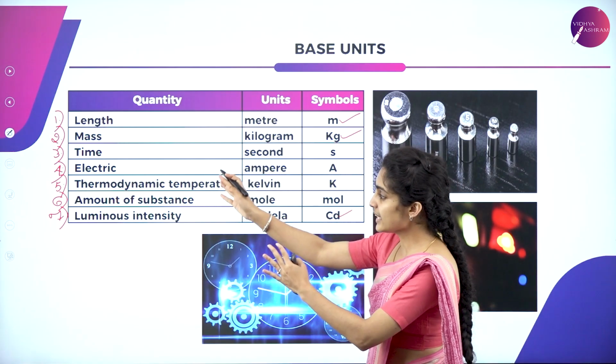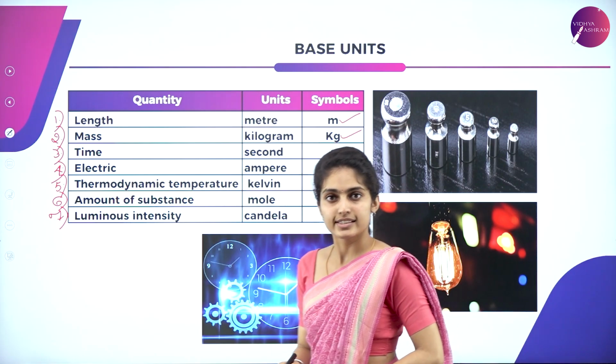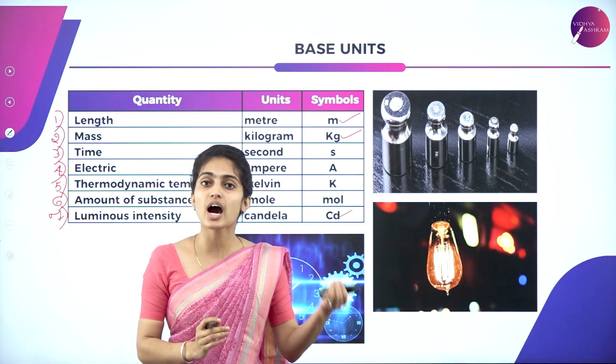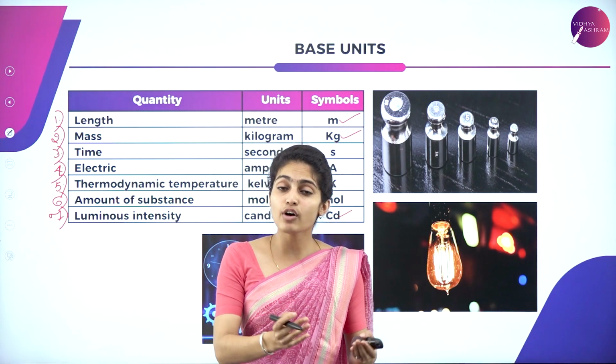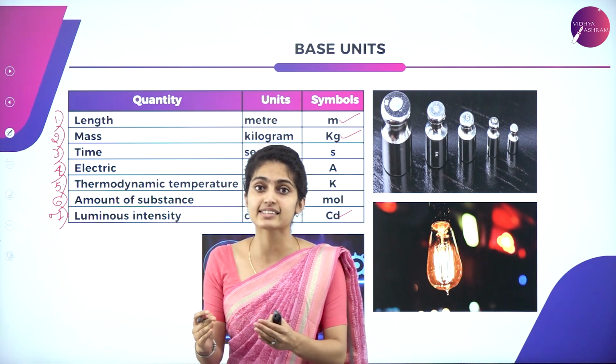These are not derived units. These are base units. These 7 quantities have respective units as well as symbols. So I hope you got to know what are base units, what are derived units, and now what kind of unit we are using, that is the SI system, right?